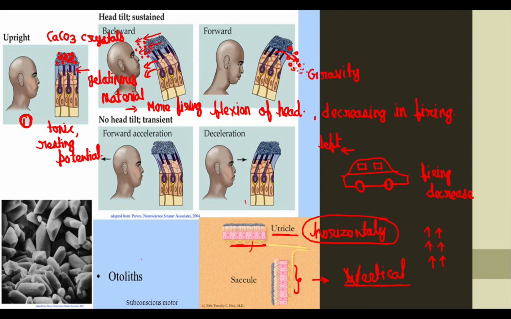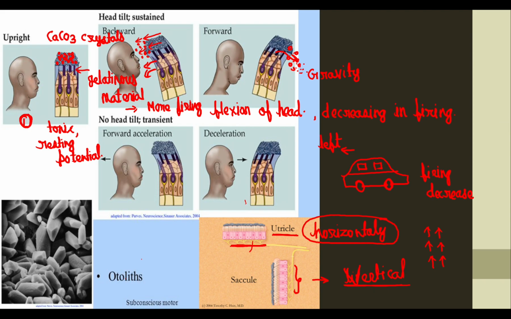And when you move to the opposite direction, then firing will increase. So this is how the increase and decrease in firing, our forward backward movement by acceleration and deceleration, the whole kind of information will go to the brain, and the brain will decode all this stimulus.